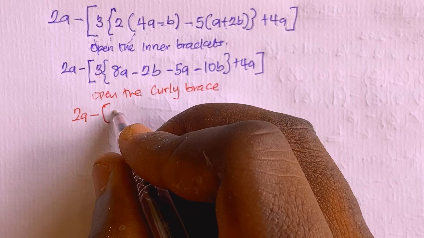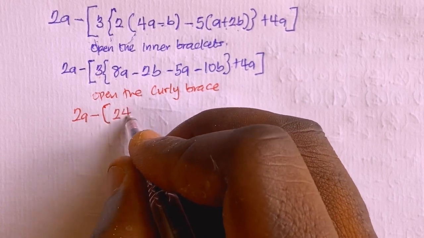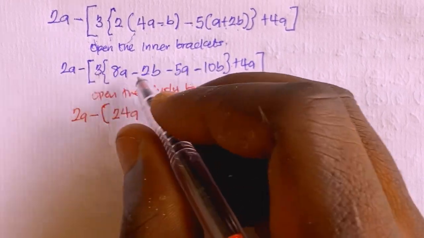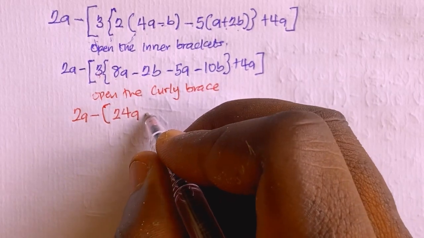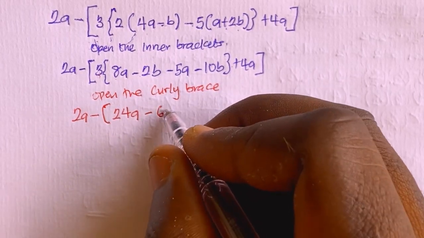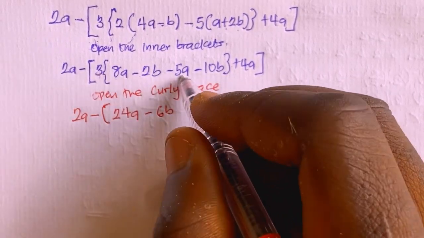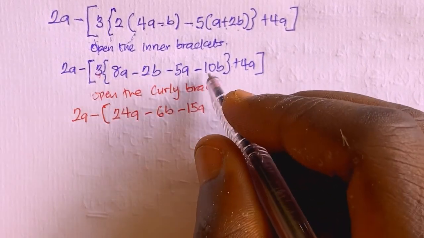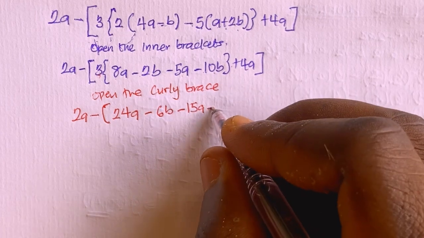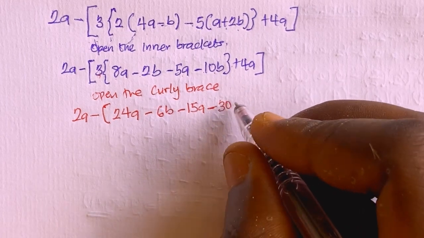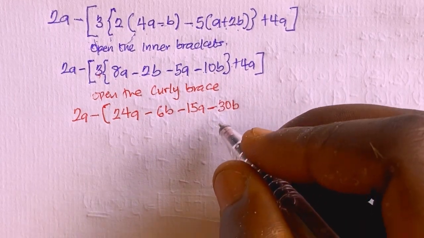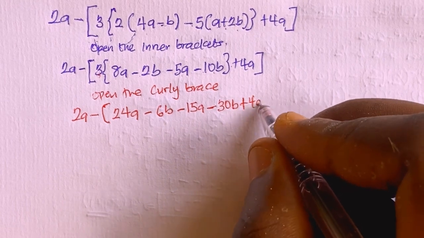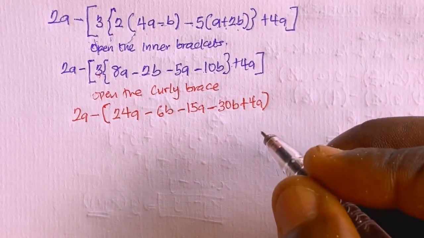Then after that, 3 multiplied by minus 2b, that's actually minus 6b. Then 3 multiplied by this is actually minus 15a. Then 3 multiplied by minus 10 is actually minus 30b. Exactly. Then we are going to have plus 4a here. Then I'm going to close it with normal brackets.